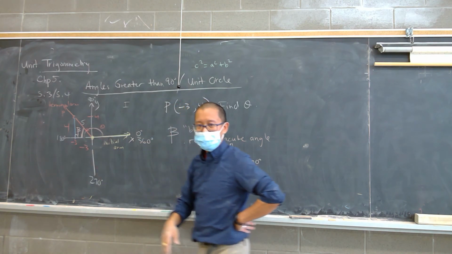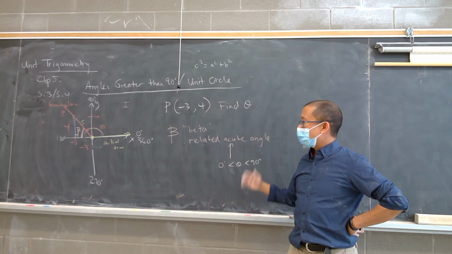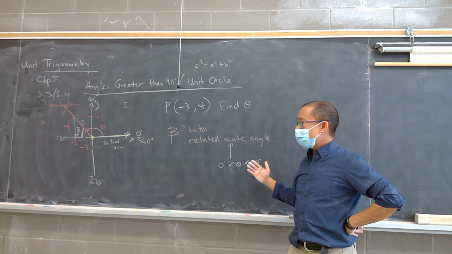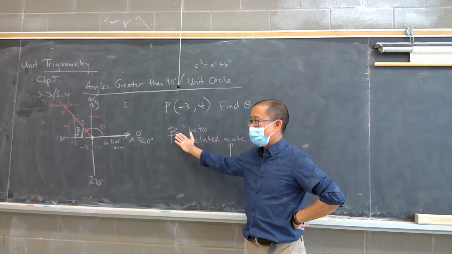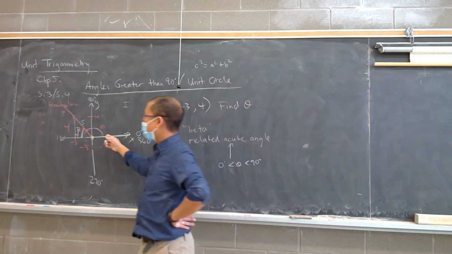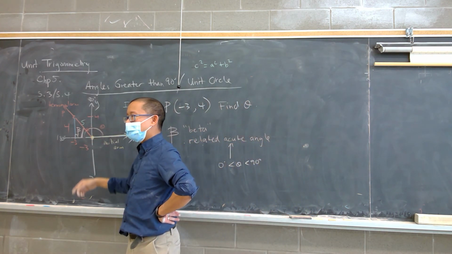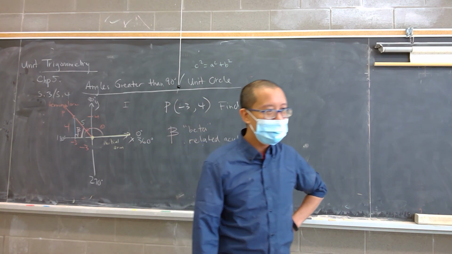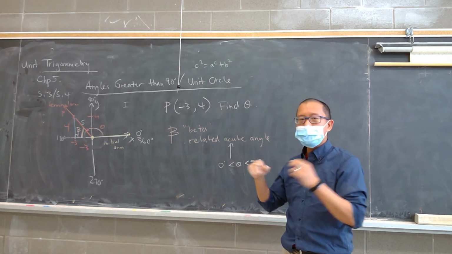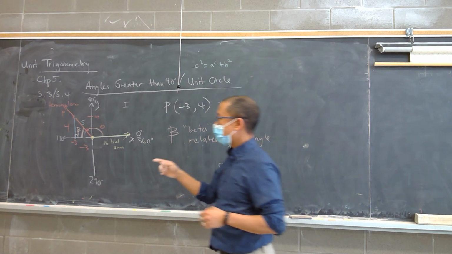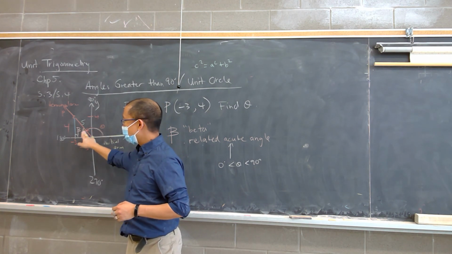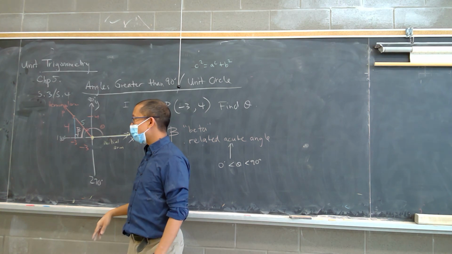So my question to the class, and we'll stop it here. I know some of you are asking questions, but do you think you can solve, first of all, for the related acute angle, and then solve for the actual angle second? And the reason I think you can do this, and I'll just tell the class and the people at home: once you find the related acute angle, you understand that this angle that I'm tracing with my hand is a straight angle, or 180 degrees.